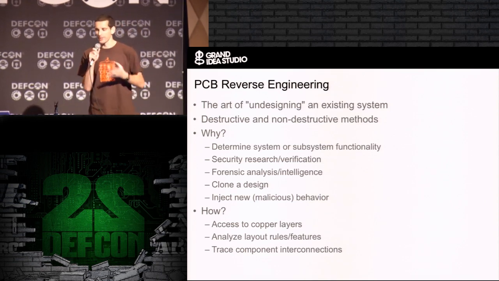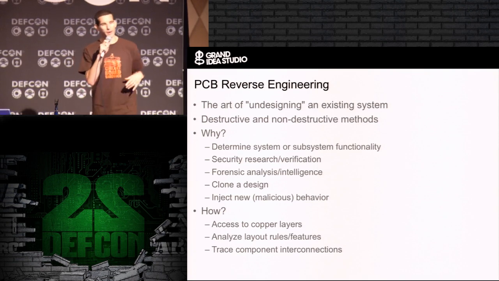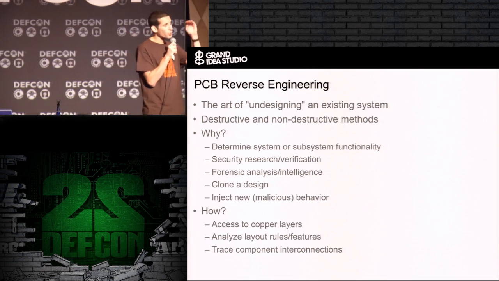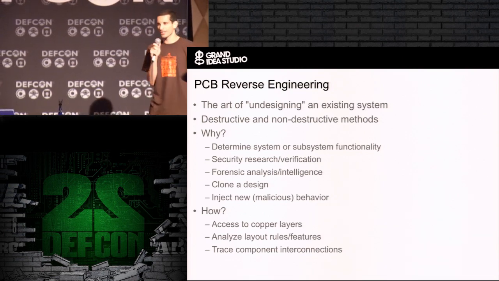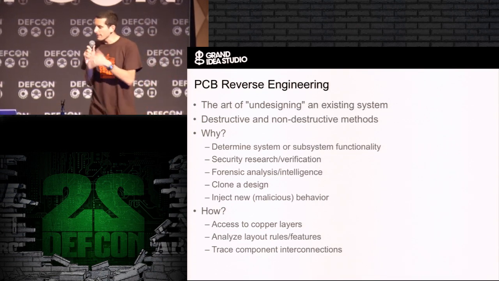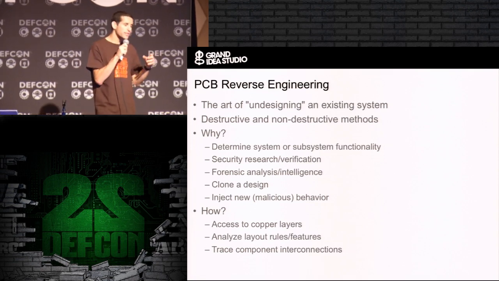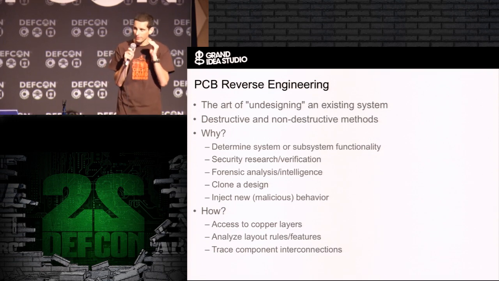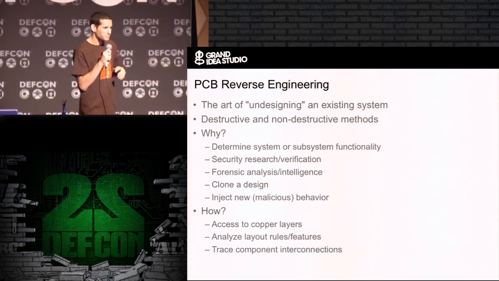So we take that system and we use destructive methods, we use non-destructive methods, whatever we need depending on the situation, to get more information about the board so we can then go and perform an attack or do something else. And the main way we would do this would be to access each individual copper layer, which is really the primary thing that I'm most excited about.